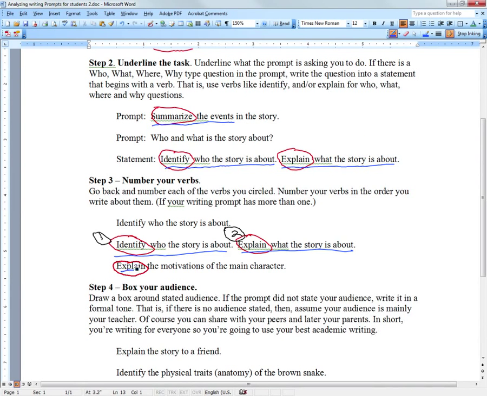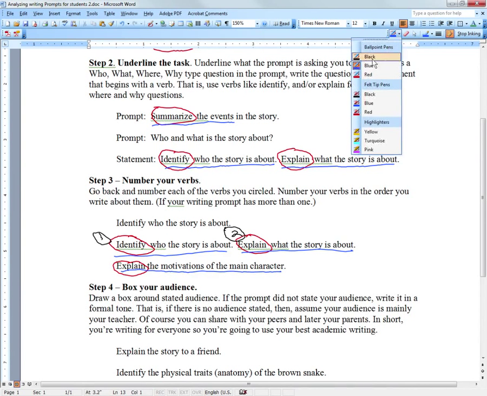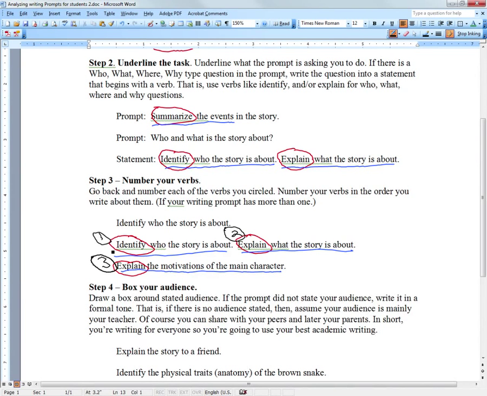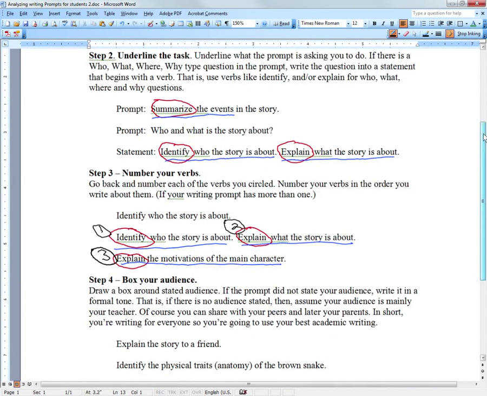Explain the motivations of the main character, right? So, identify who, explain what the story is about, explain, maybe those would all be part of the same assignment. So that would be my third task, right?